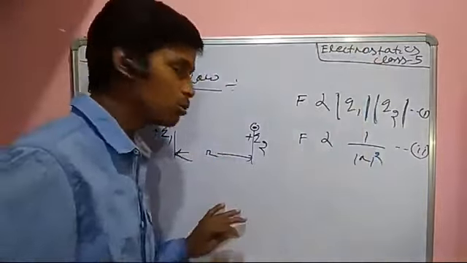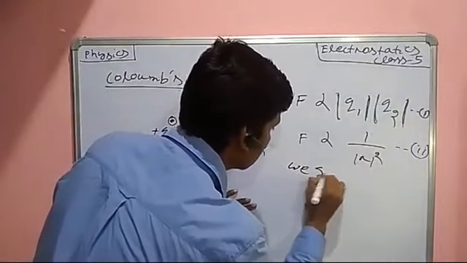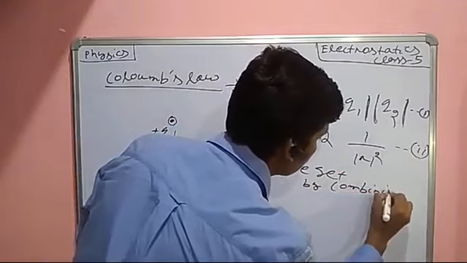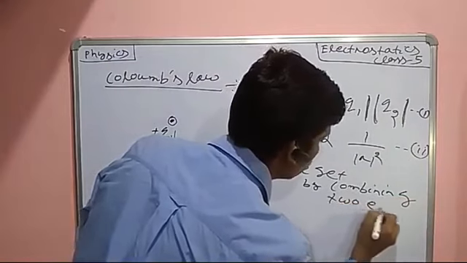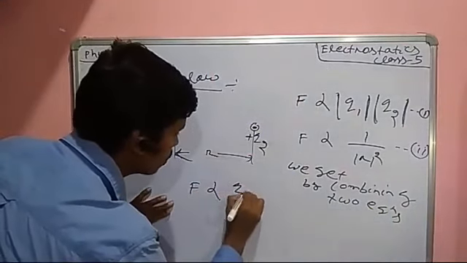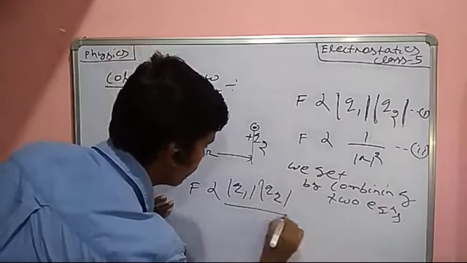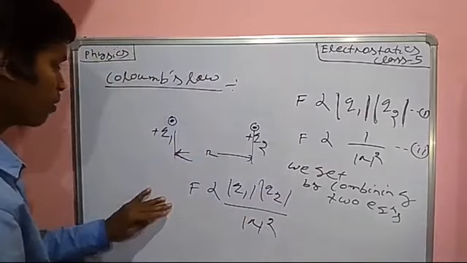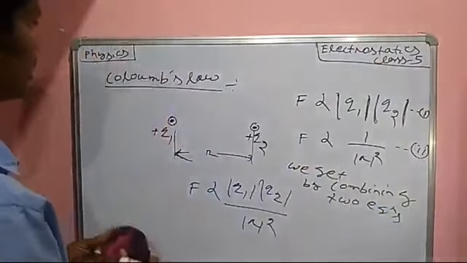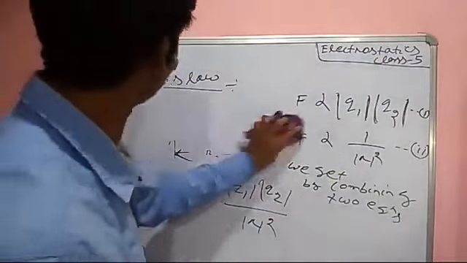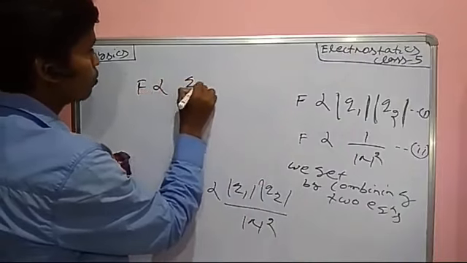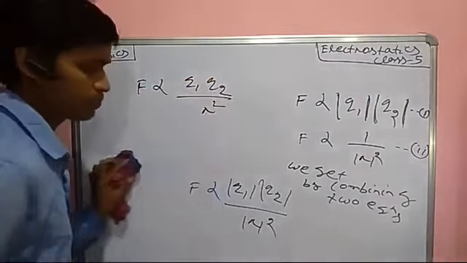By combining the two equations, we get F proportional to Q1 Q2 by R square.